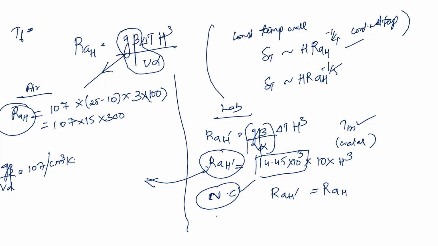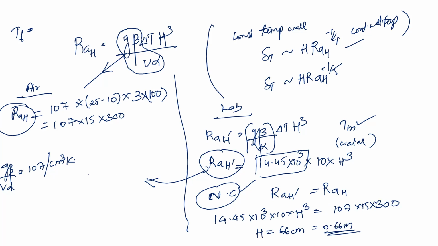So 14.45 into 10 raised to 3 into 10 into H cubed will be equal to 107.15 into 300. Solving that, we get the H value to be 66 centimeters or 0.66 meters.